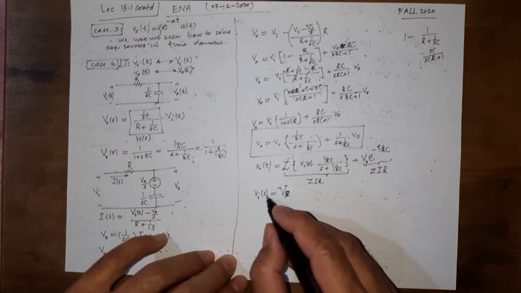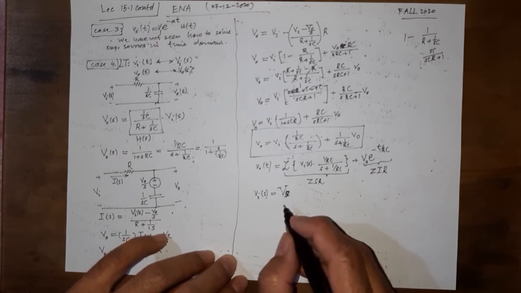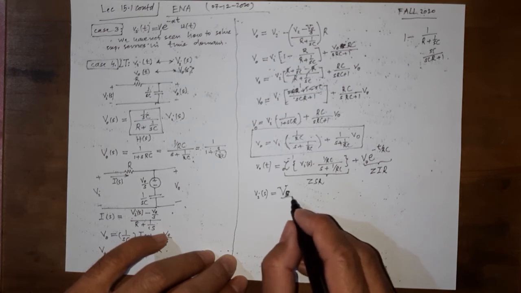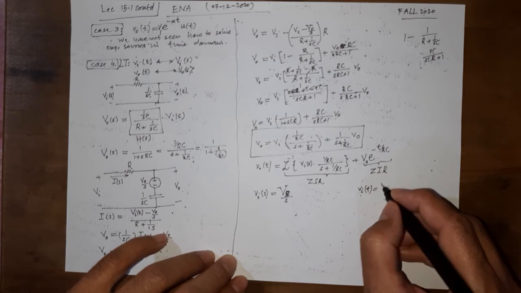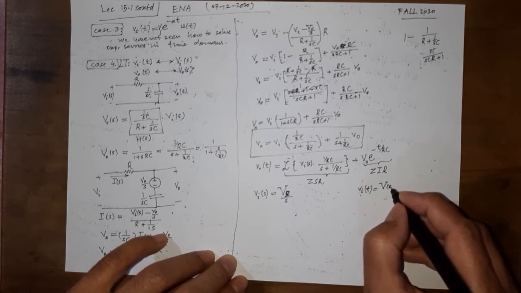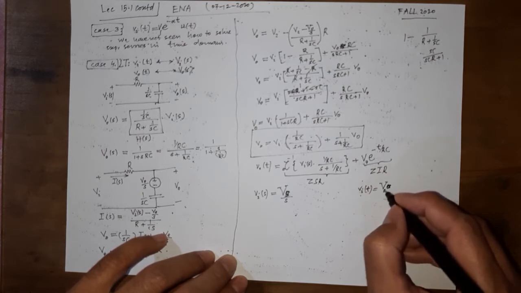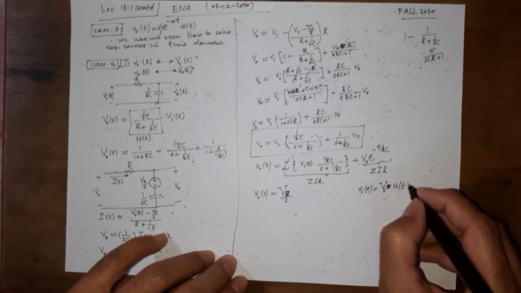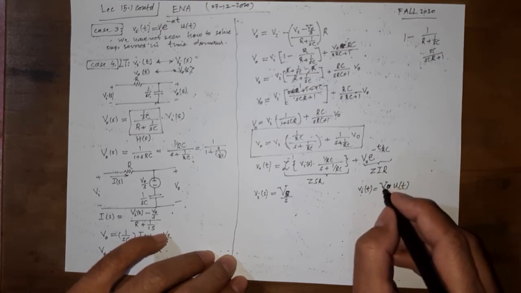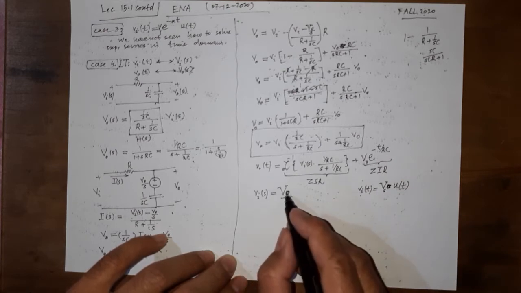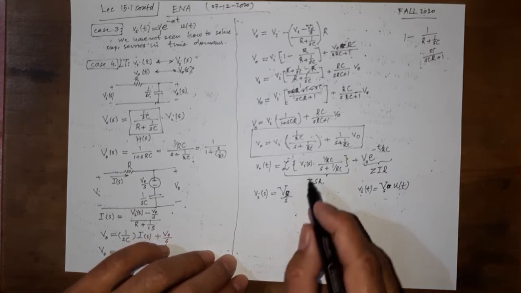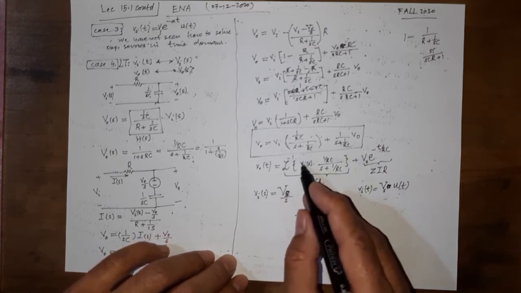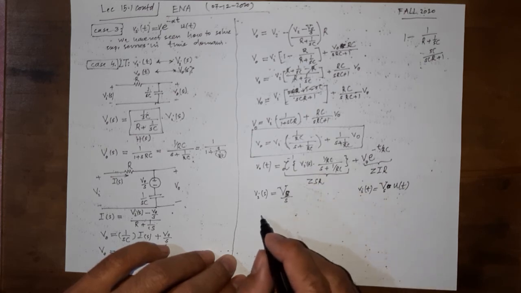So Vi of S is capital Vs over S, because remember Vi of t is constant, sorry, Vs, the source voltage at t equal to 0. The Laplace transform would be Vs over S. So this subscript s is different, saying source voltage, and this S is the variable of the Laplace transform. So if we now put this Vi of S as Vs over S, we are going to get V naught t.